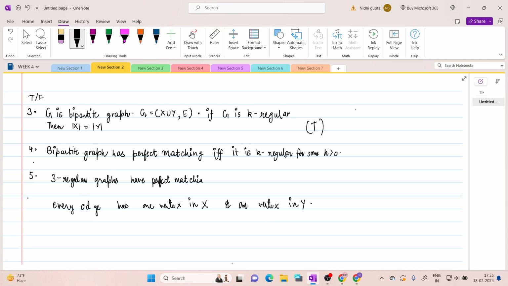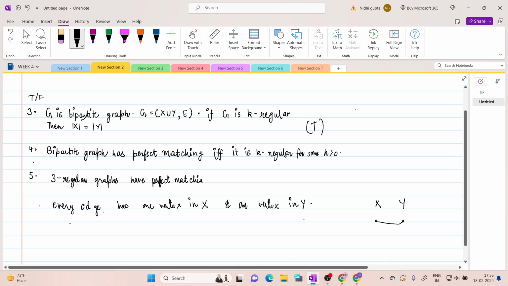Anyway, this is true for every bipartite graph, right? If you have a bipartite graph, every edge will have one vertex in X and one vertex in Y. Yes, this is true for every bipartite graph.